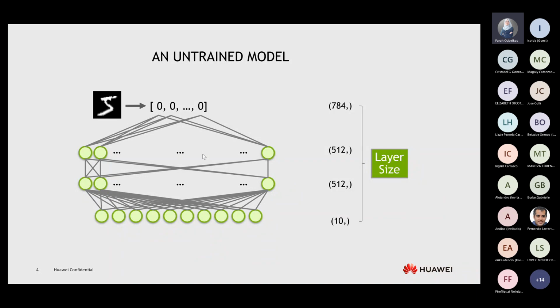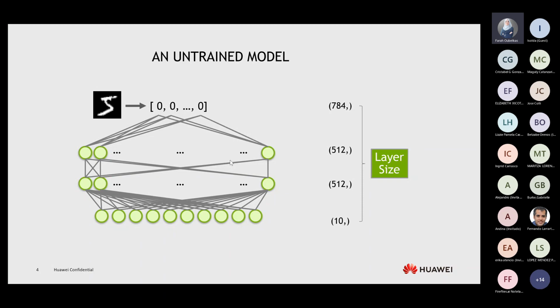Okay, so now returning to our model, as you can see in the picture, remember that we had 784 inputs, two layers of 512 neurons or nodes, and an output layer of 10 neurons, one for each digit.